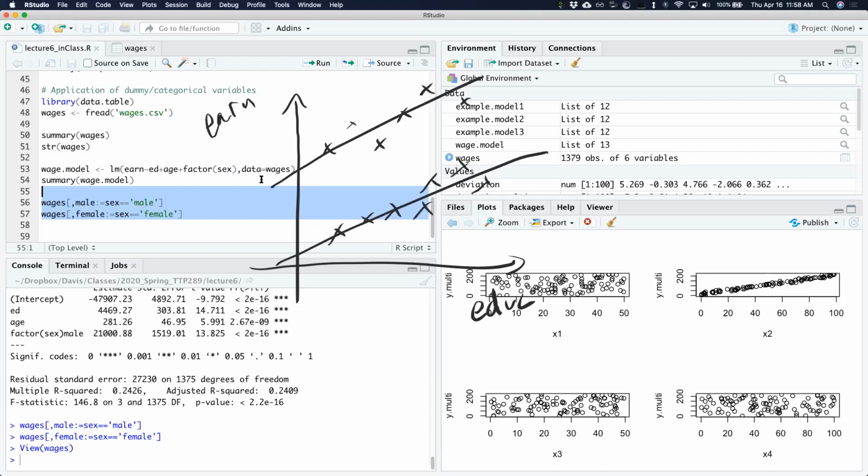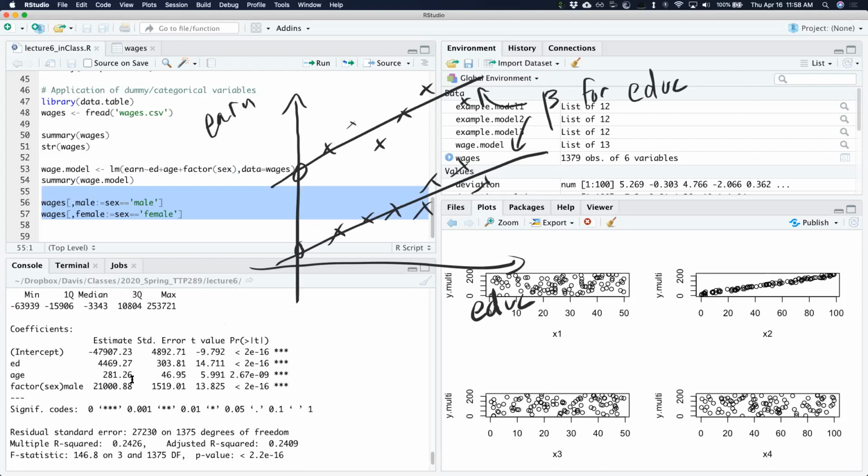These slopes are both beta for education, but you now have separate intercepts. This one would be negative 47,907, and that would be for a female.